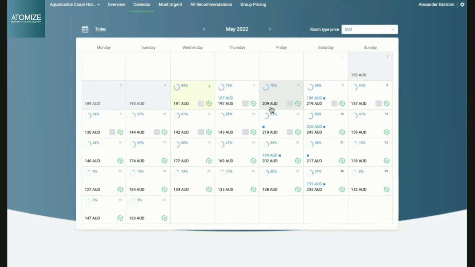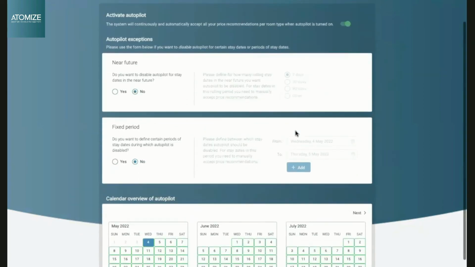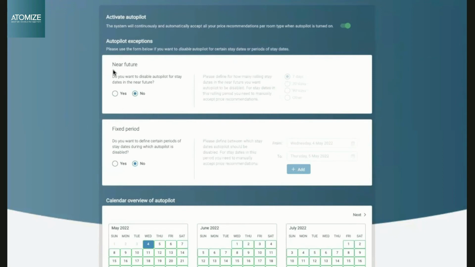And then there are those who say, I want to be in control near term, but I want to automate everything beyond a certain arrival date. That hybrid control is very important as well, so we have the ability to respond to that. For instance, you can disable Autopilot for whatever period you like.